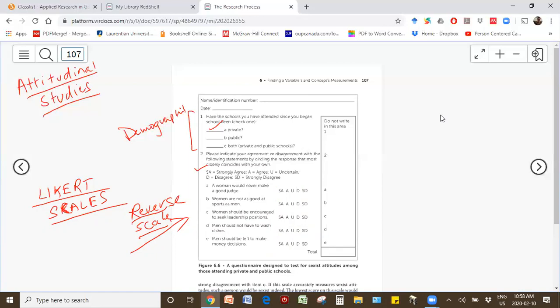What you would assume they would do is, oh, women would never make a good judge, let me just say disagree. Women are not as, let me just say disagree. And should not be, let me just say disagree. And they just go with a pattern which they think demonstrates that they don't have a sexist attitude.